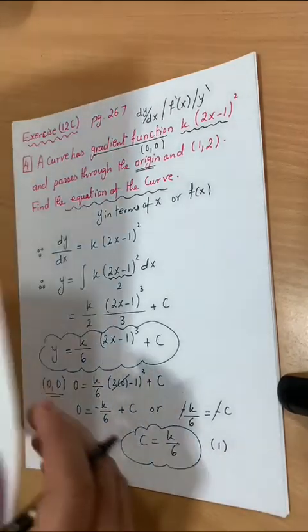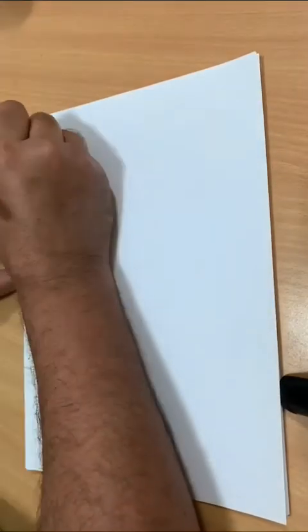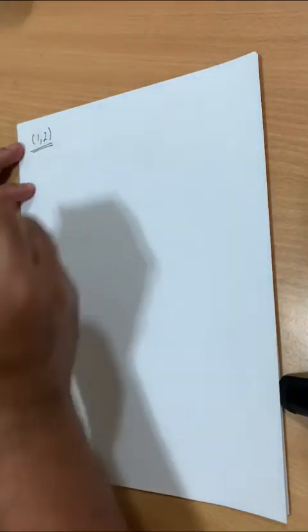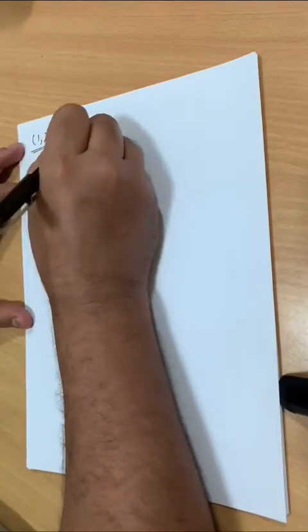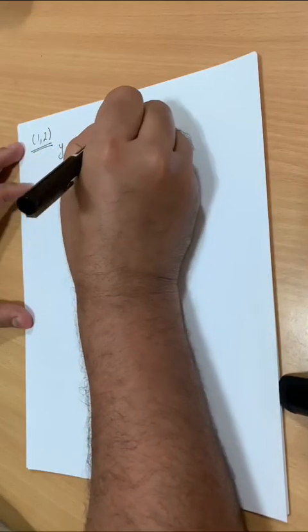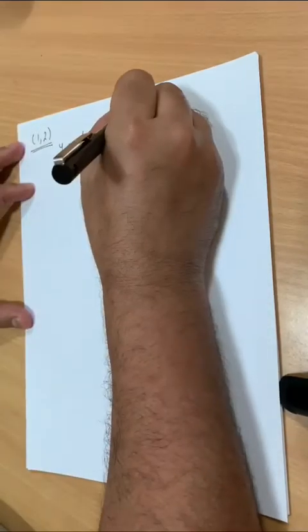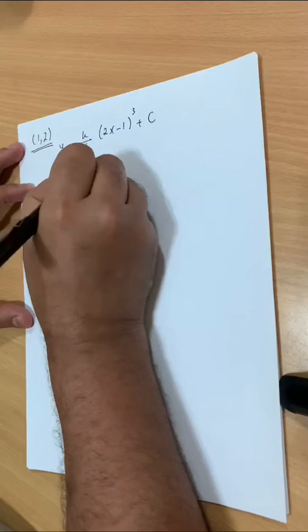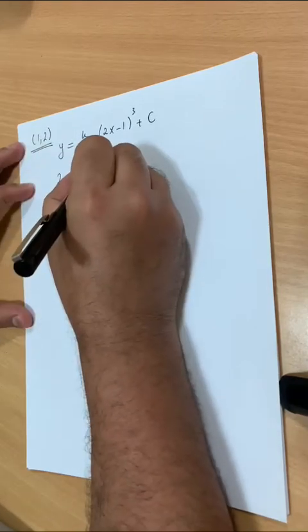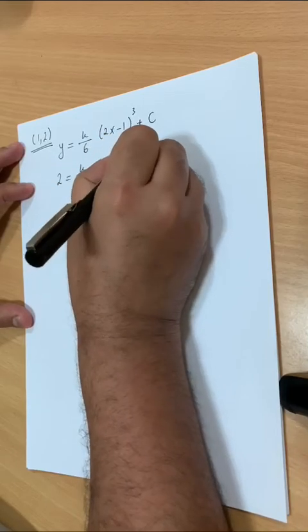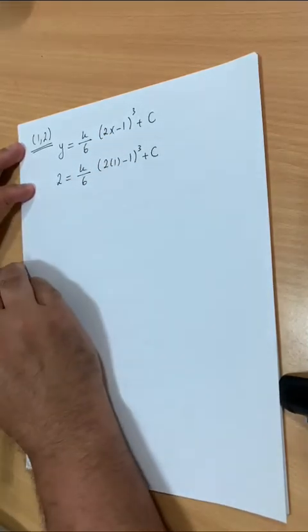Now let's use the other point, 1 and 2. We're going to use the coordinates of 1 and 2 in the equation of the curve. So y is equal to k over 6 (2x minus 1) all to the power of 3 plus c. y is 2, then keep k over 6 as it is, (2 times 1 minus 1) power of 3 plus c.